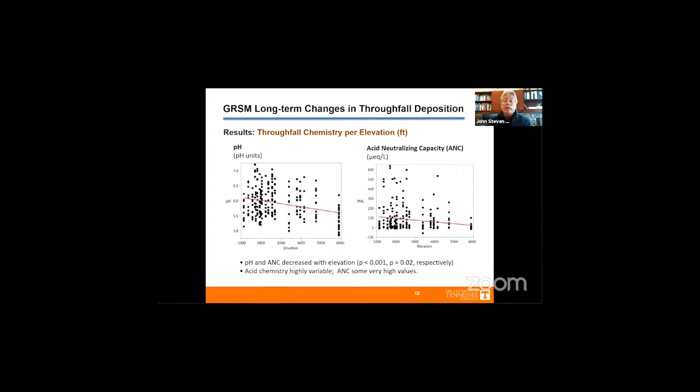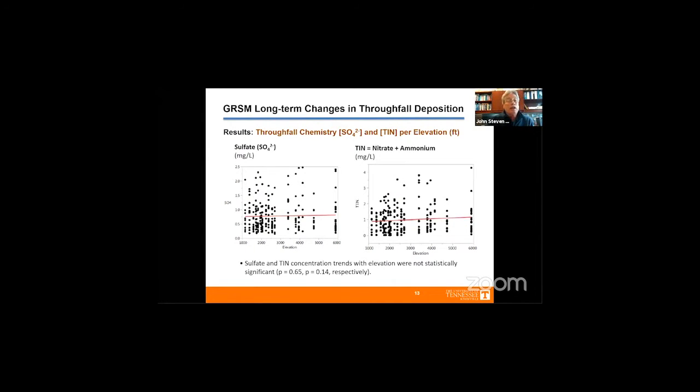Now these relationships were statistically significant. The pH was highly significant, and for ANC it was a p-value of 0.002. Now this is chemistry, so not loadings, so concentrations, and again, it's in units of milligrams per liter, should be microequivalents per liter.